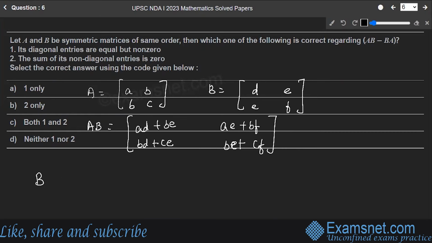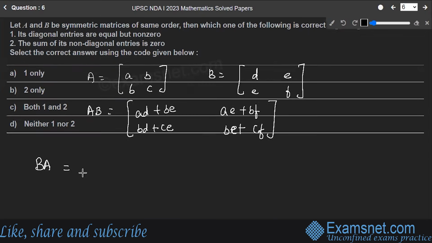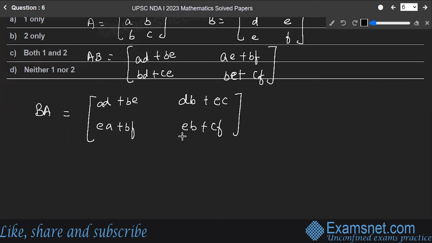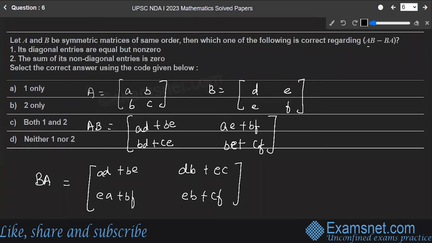Similarly, BA, now in the reverse order, will be given by AD plus BE, DB plus EC, EA plus BF, and EB plus CF. Okay, so these are the two matrices. What we had to do in the question was find the difference between the two.